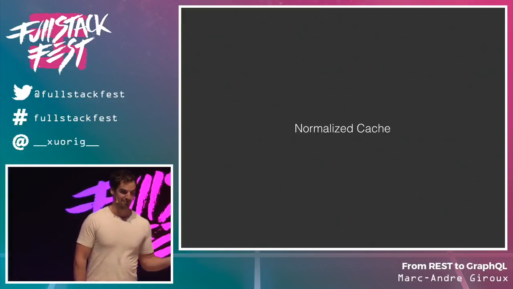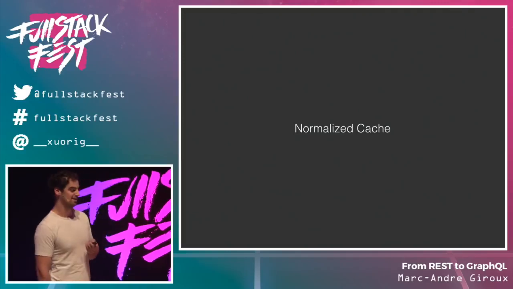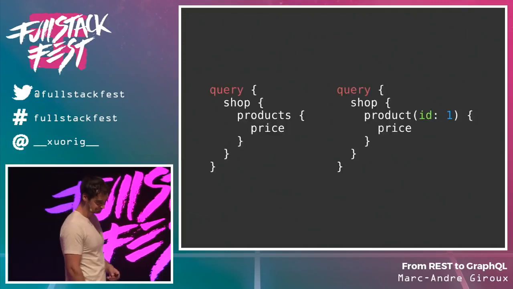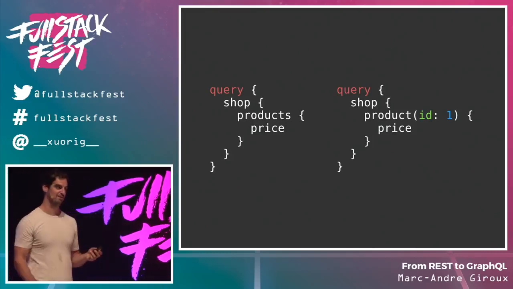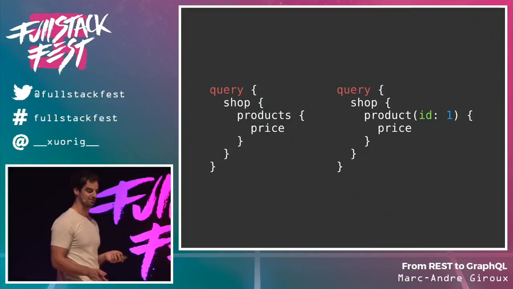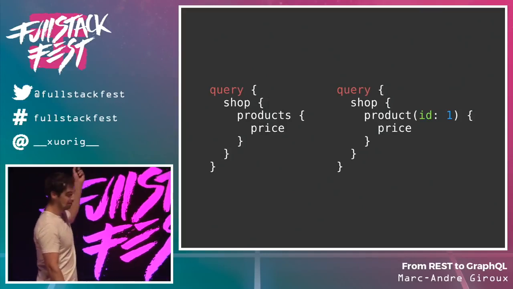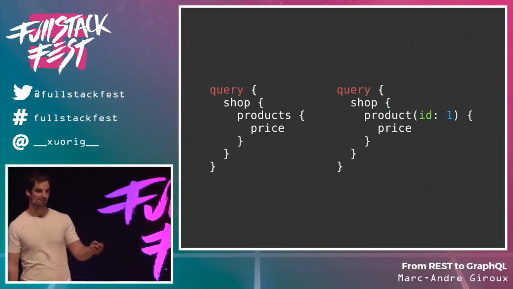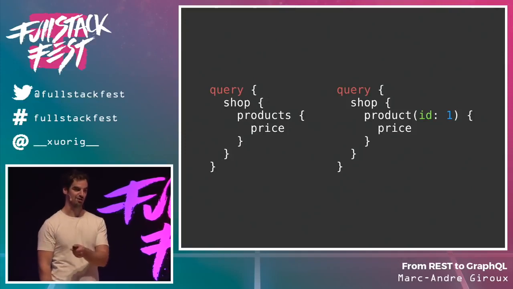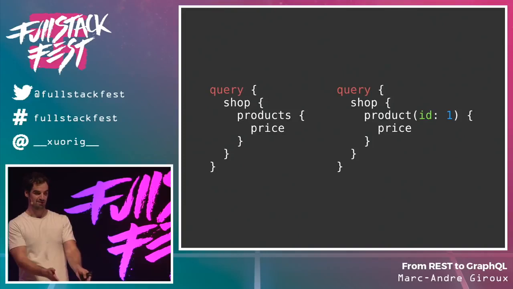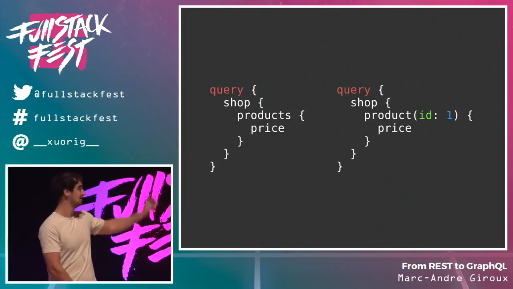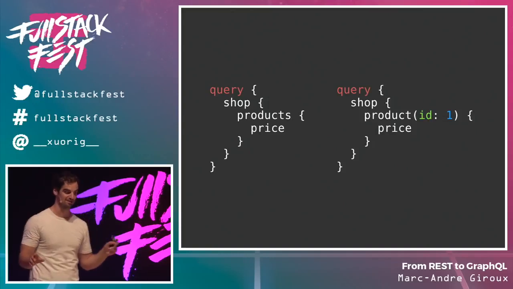So what we build for GraphQL usually is a normalized cache. By normalized, I mean, imagine if you stored in your cache the same shape as you received in your responses. Imagine I query all products with their price, and I query one product, ID1, with its price. If I stored it in the original shape, the product with ID1 in the first query and this product with ID1 would be in separate places, right?